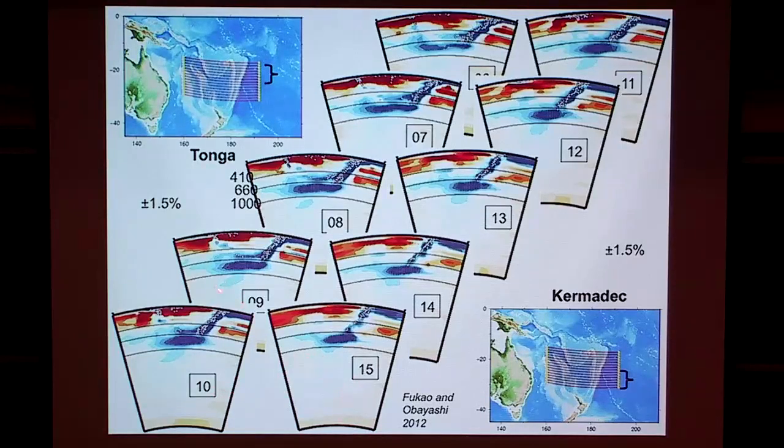This is always a question, but I think these are really well resolved. This might be real or not real, but the fact that most of the feature is constrained to be above 1,000 kilometers is probably well constrained. I'll show you a comparison with a model done in a completely different way that shows the same result.